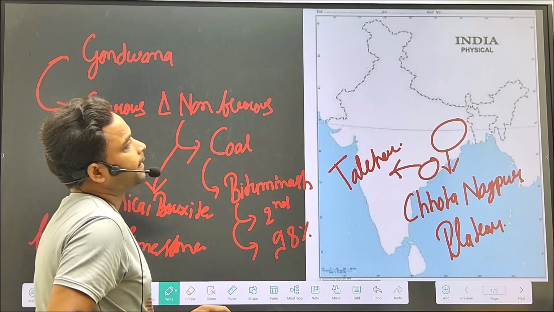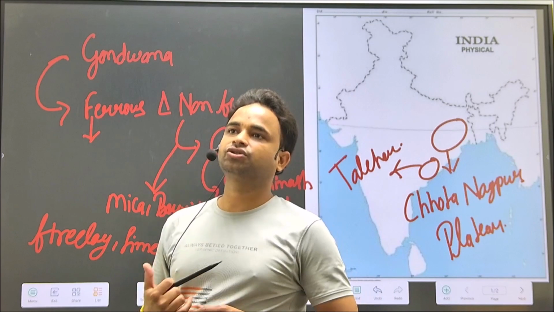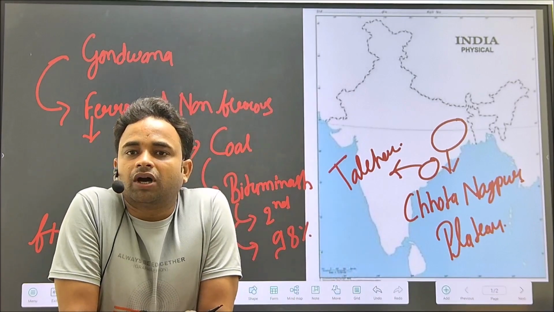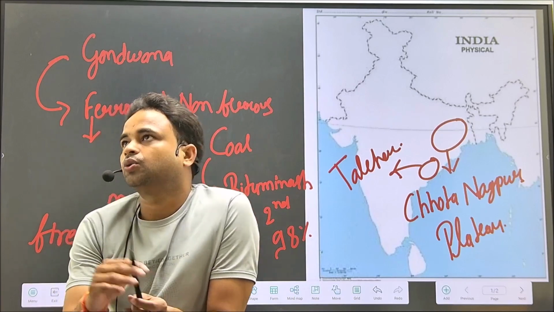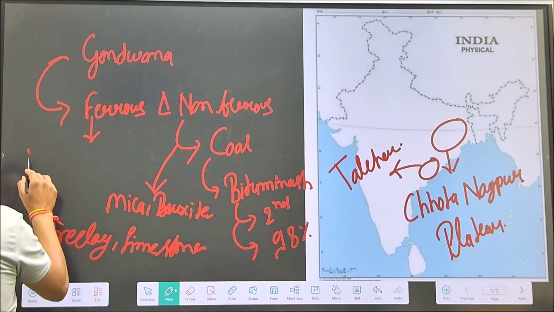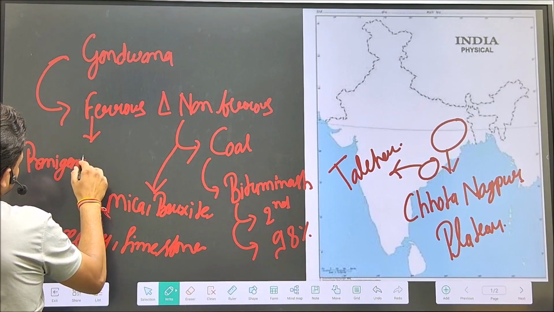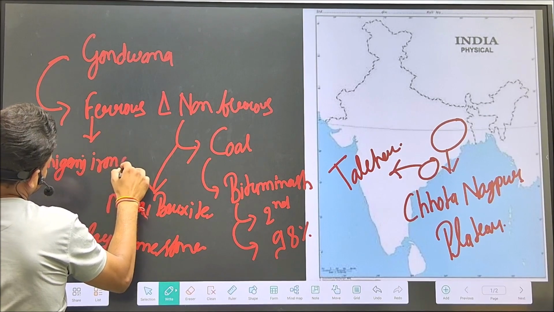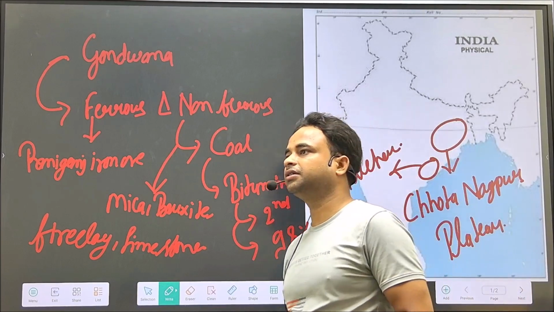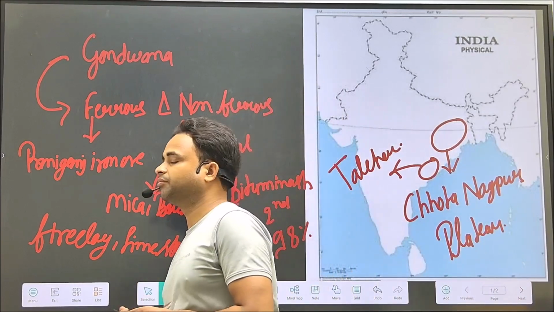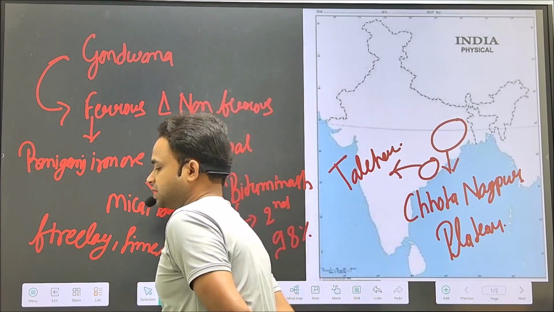See, Raniganj iron ore is the most important Gondwana rock place. There you can find iron ore. Raniganj iron ore is situated majorly in West Bengal.